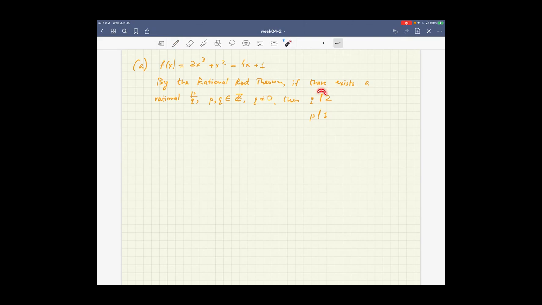This vertical bar symbol here means divides. We will write A vertical bar B to mean that A divides B. Or in other words, when B is divided by A with remainder, the remainder is 0.